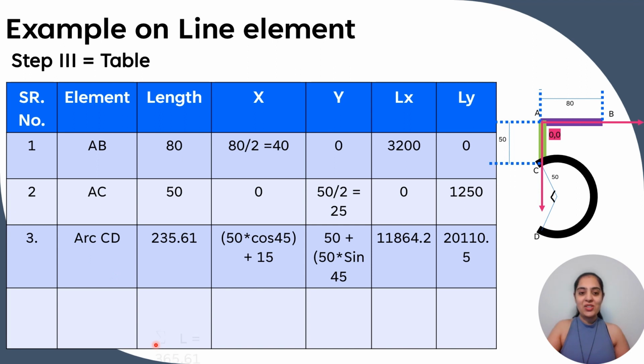Let's take summation. Summation of L is equal to 365.61. Next, we want the summation of the product L into X and the summation of the product L into Y. Now we are ready to go.